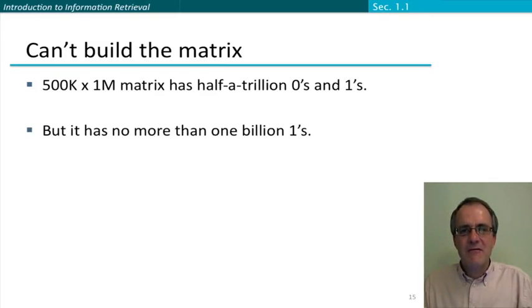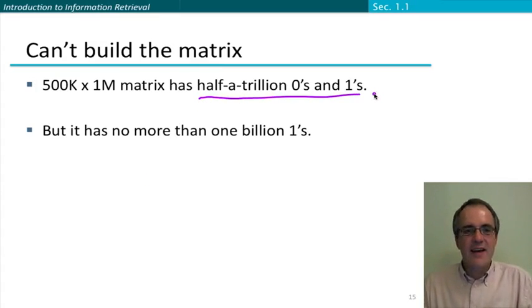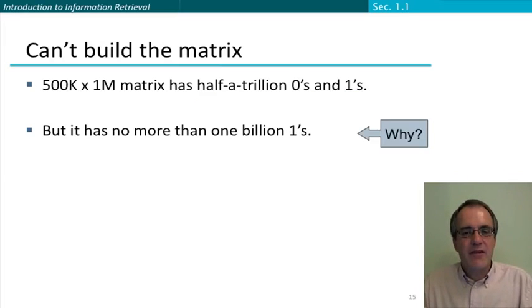But there's this really important observation, which is although the matrix here had 500 billion zeros and ones in it, almost all of the entries are 0; the matrix has at most 1 billion ones. It'd be good for you to stop and think for a fraction of a second, why is it that there are at most 1 billion ones?